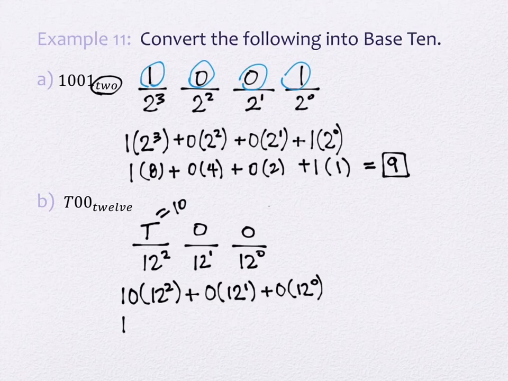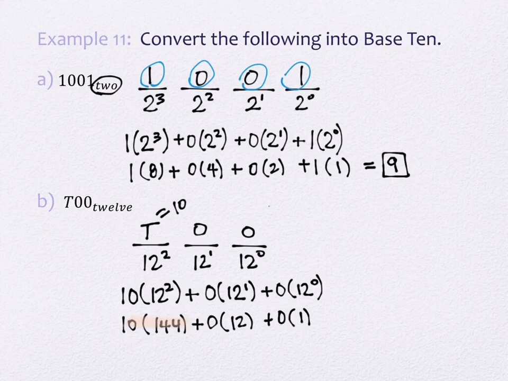Well, what's 12 squared? 144. Again, I know these are zeros, but 12 to the 1 is 12. What's 12 to the 0? 1. Yeah, anything to the 0 power is always 1. It always ends with 1. The only one that actually gives me any value here is 10 times 144.